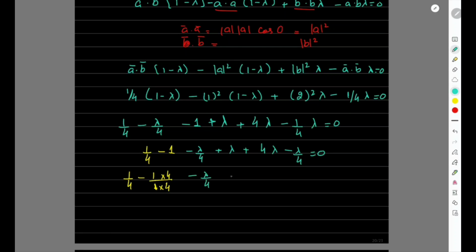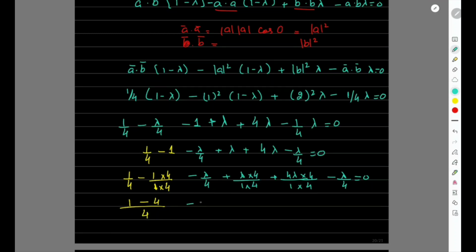So we get 1 minus 4, ones are 4 and 4 squares.